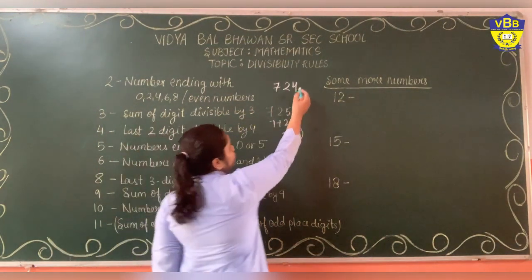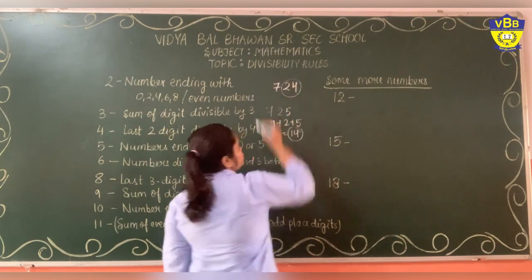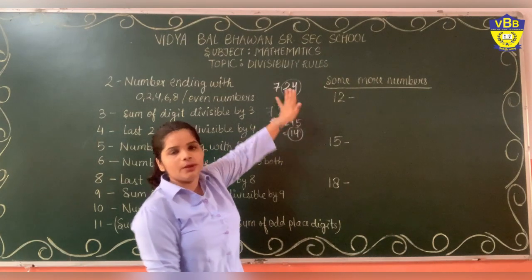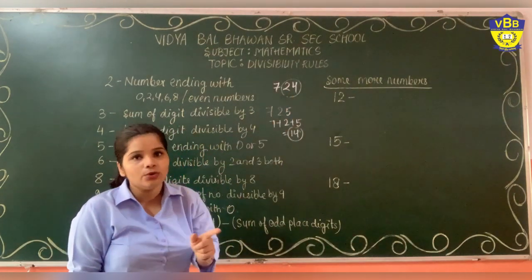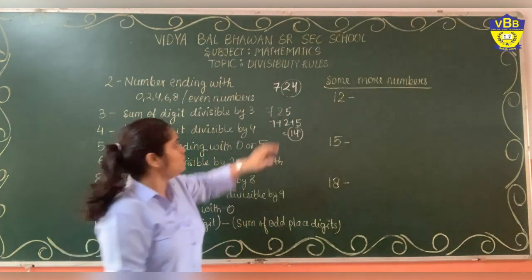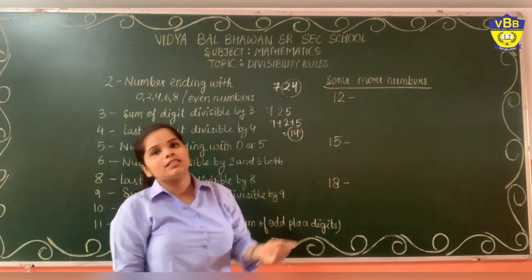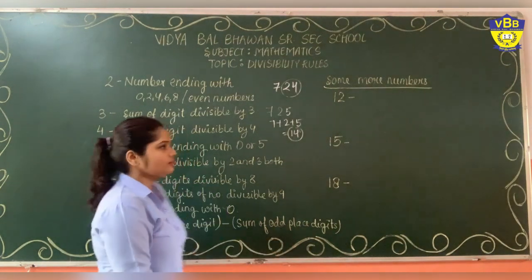You check the last 2 digits, which is 24. 24 is divisible by 4, 6 times. So this complete number 724 will be divisible by 4.